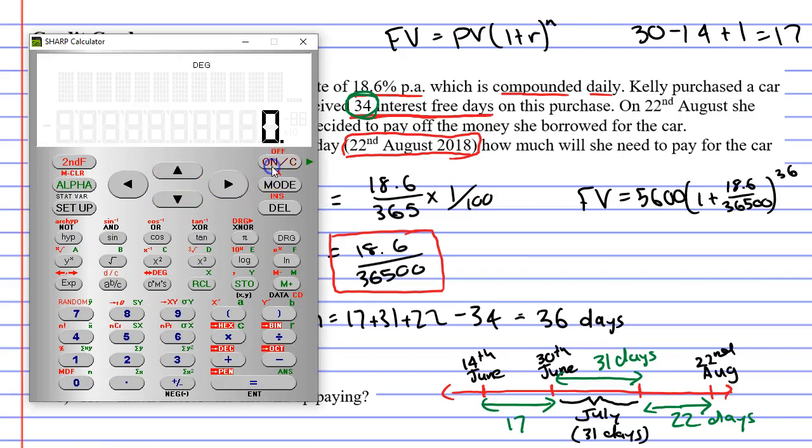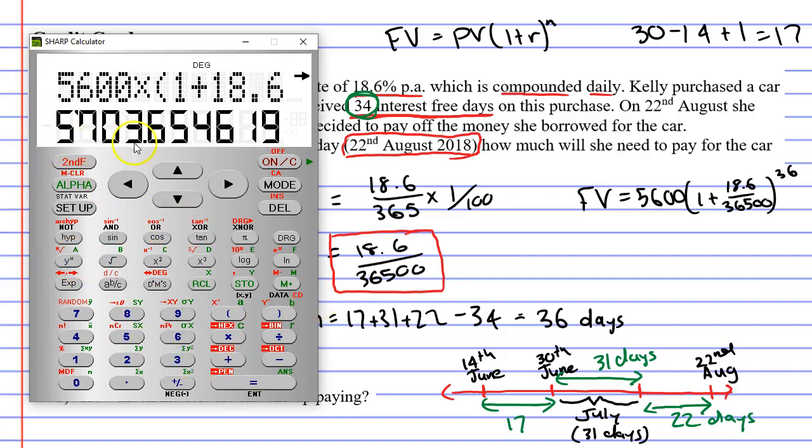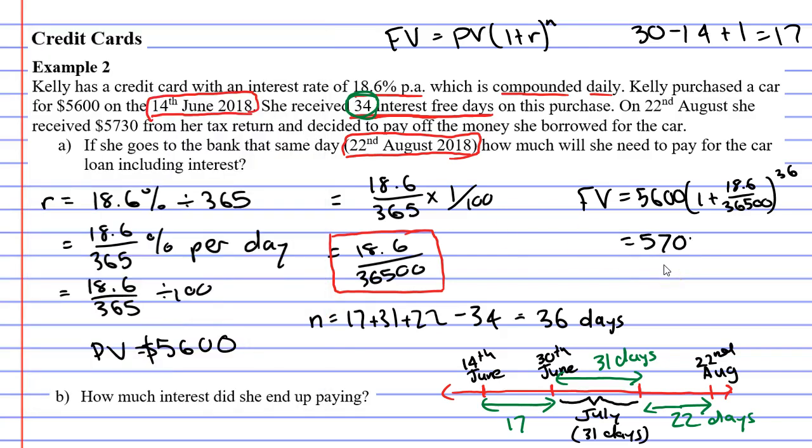Let's do that now on the calculator. 5,600 times bracket 1 plus, and when we put R in, I like to use the divide symbol, 18.6 divide 36,500. Close our brackets and put this to the power of 36, and we get $5,703.65, which is what Kelly will need to pay when she goes to pay this loan off at the bank.